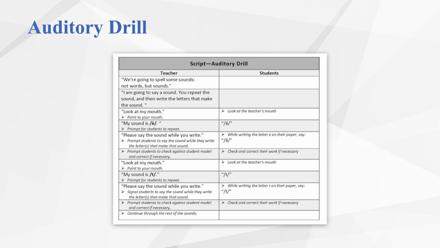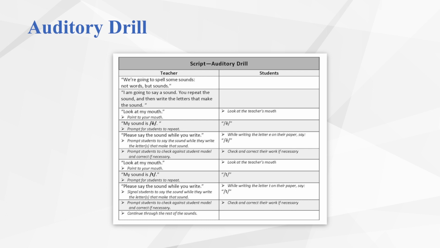When they simultaneously say and write the sound, they are increasing the amount of multisensory practice which they need to retain this information. In this script, you'll see that the teacher directs students to begin by looking at her mouth, holding her hand out, prompting the students to repeat, and reminding them to say the sound while they write it on their paper.